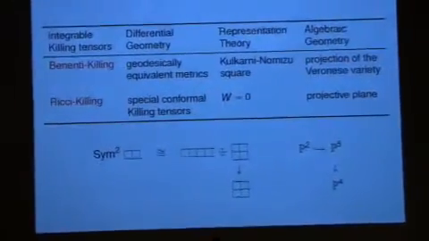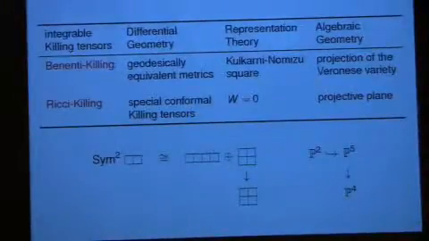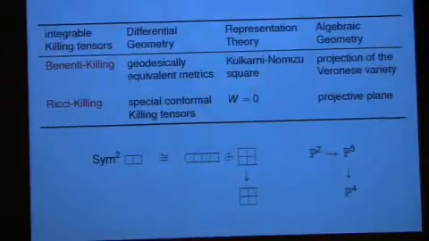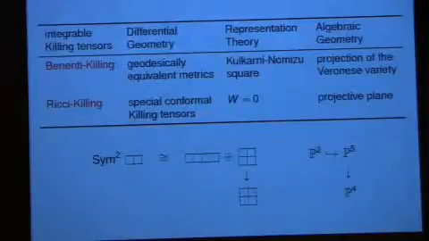On the algebraic geometric side, this corresponds to a projection of the Veronese variety, which is a subvariety of P5, smoothly down to P4. So we find this Veronese variety on our variety describing integrability.